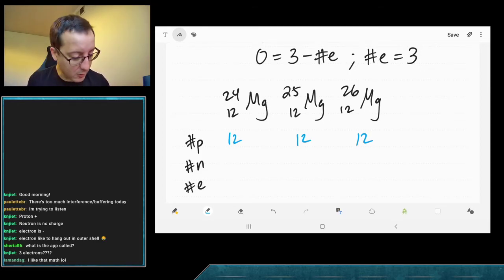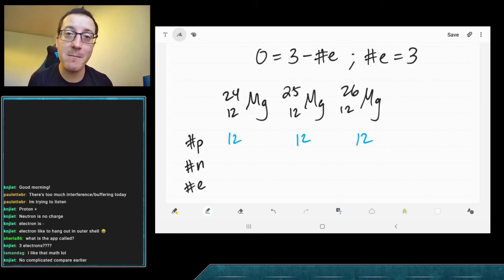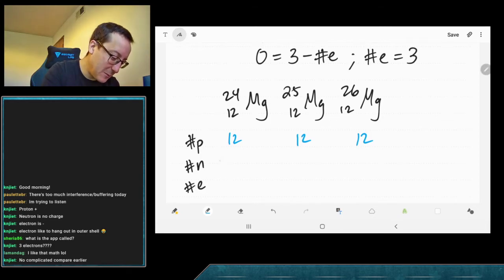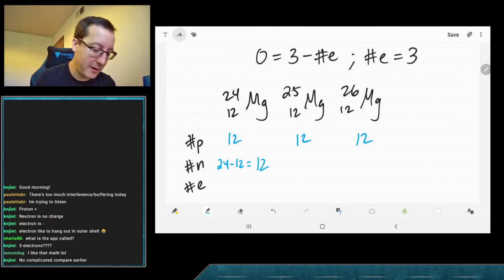If we go on to neutrons, we remember the mass number, the one on top, is protons plus neutrons. It's not complicated compared to the math we did earlier, right? So this one is going to be 24 minus 12, so that'll be 12.